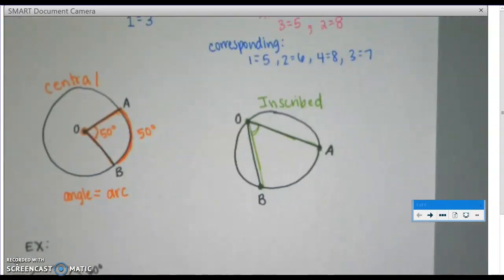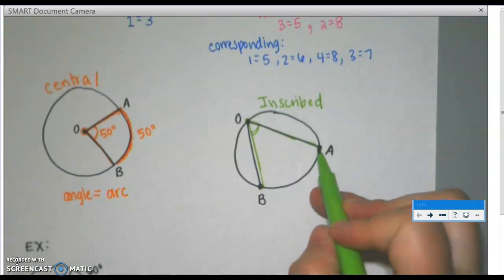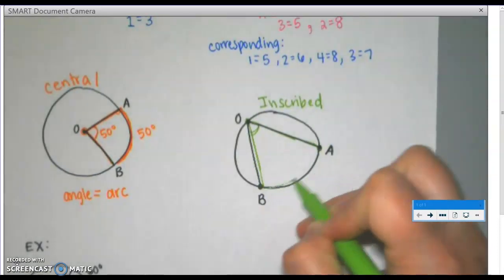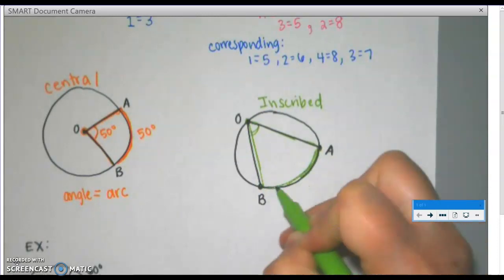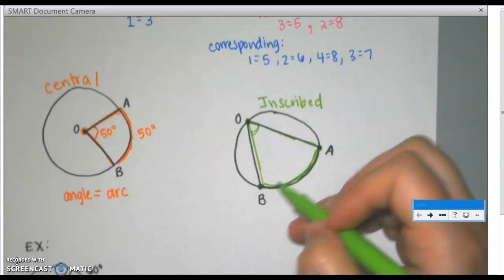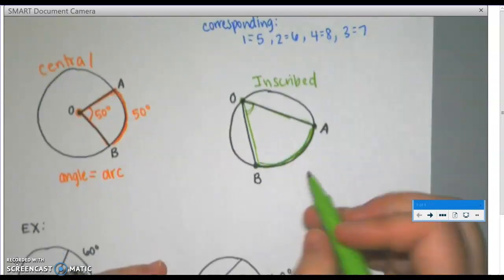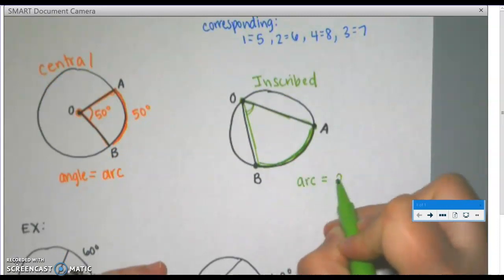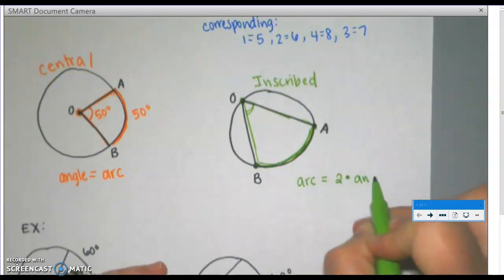All right, with inscribed, again, the angle is angle AOB, but this is the arc that's being cut, arc AB. So the relationship is a little bit different with inscribed. The arc is equal to 2 times the angle.